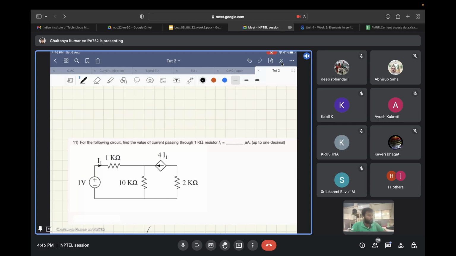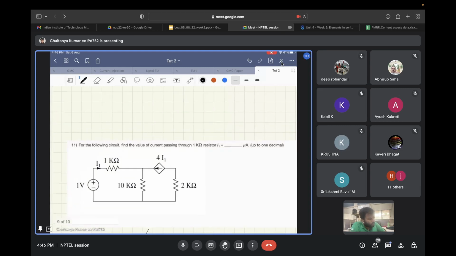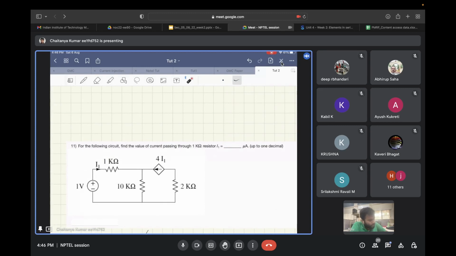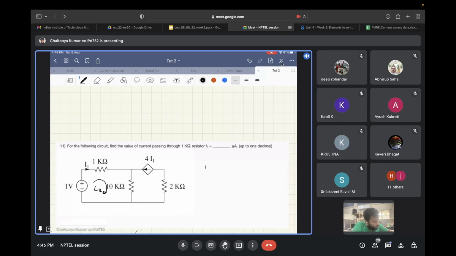Okay, let's see the solution. Again, you need to find current I1. For that, let's say you apply KVL in this loop L1. What will that be? 1 volt minus 1 into I1 minus the voltage developed across this 10 kilo ohm resistor.